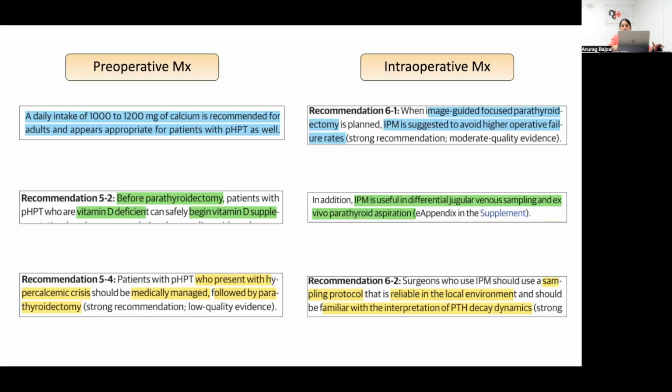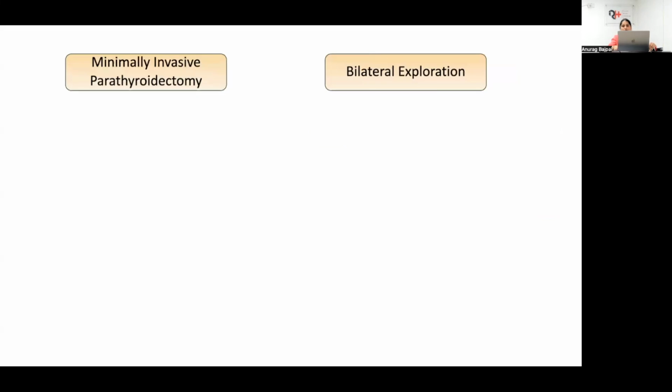It should be kept in mind that the surgeon doing intraoperative PTH monitoring should use a sampling protocol that is reliable in the local environment and should be familiar with the interpretation of PTH decay dynamics. As we know, PTH decays at room temperature, so both the pre-parathyroidectomy and the intraoperative PTH should be interpreted at the same room temperature.